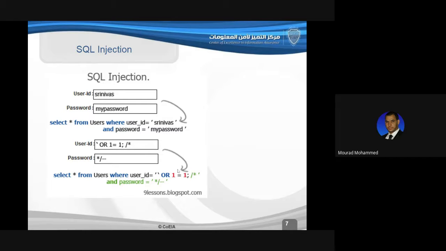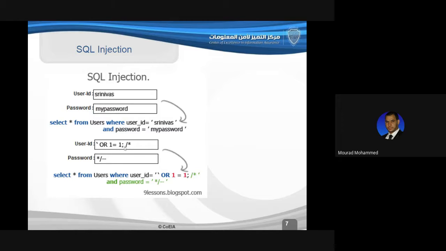How does it happen? Because we use a single quotation surrounding the values of the username and the password. We terminate the single quotation in the statement, and we write OR, and we give 1 equal to 1.